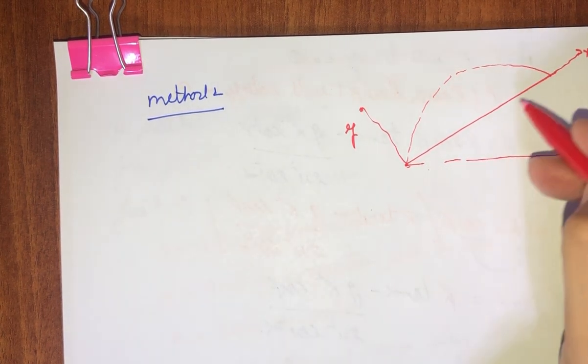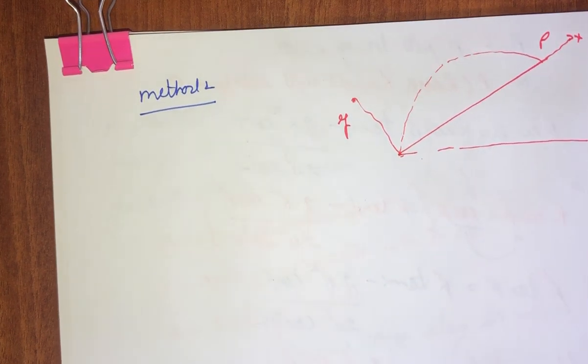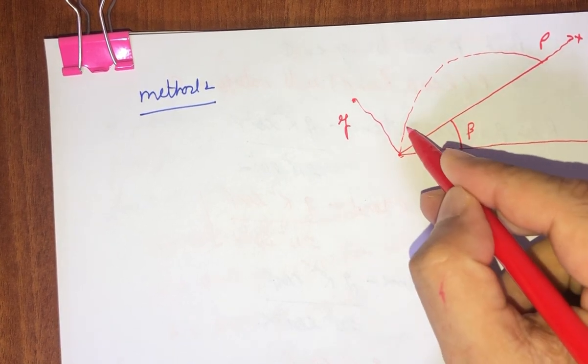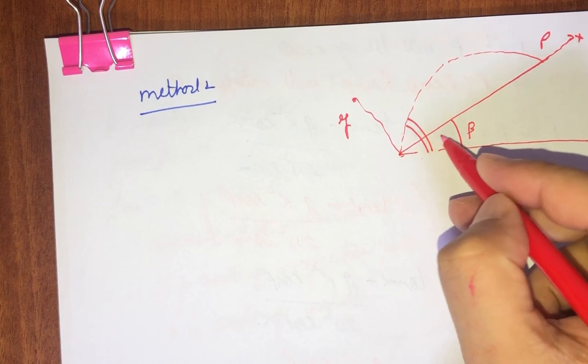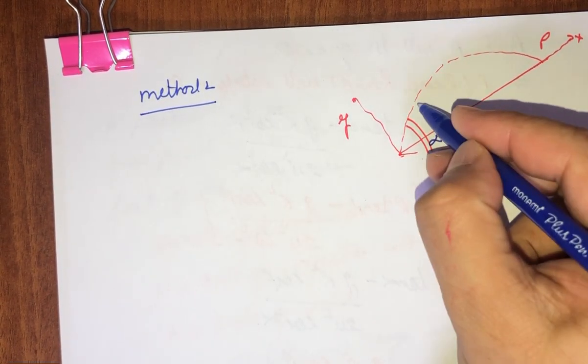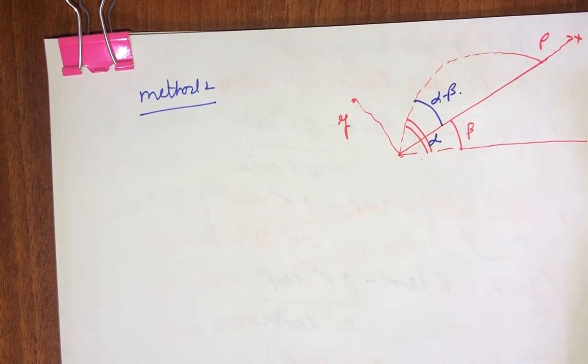This is the projectile, this is point P, this is angle beta, and this angle is alpha, and so this angle will be alpha minus beta.